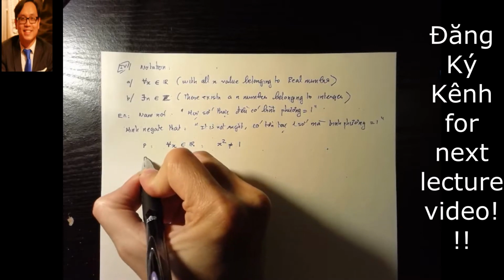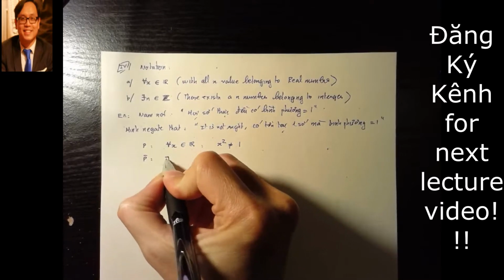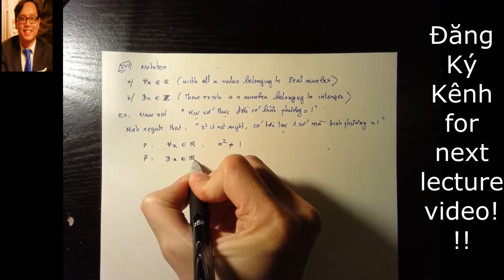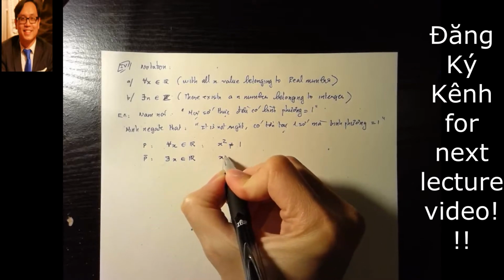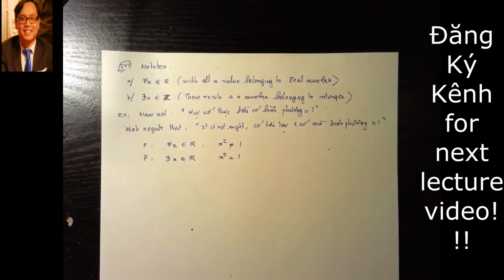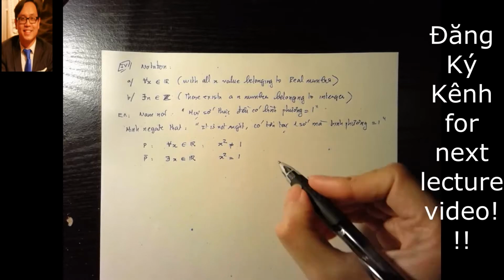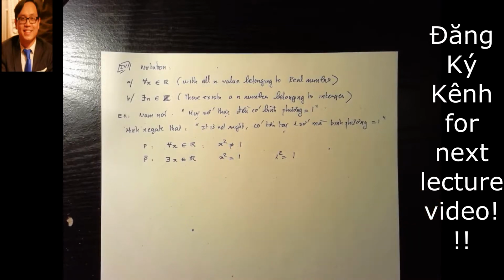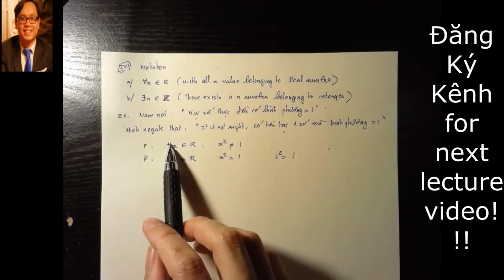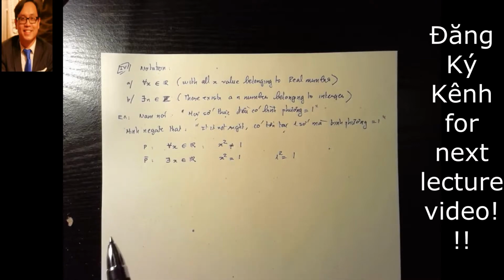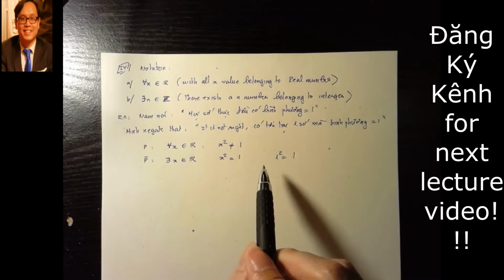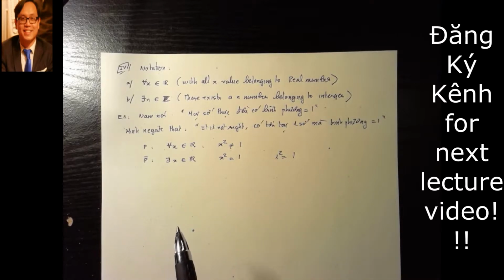And the negation of that will be there exists an x of real numbers such that x squared equals 1. And that is true, right? Because you see that 1 squared equals 1. So what Nam said is wrong, because there exists one number, 1 is a real number, such that 1 squared equals 1.